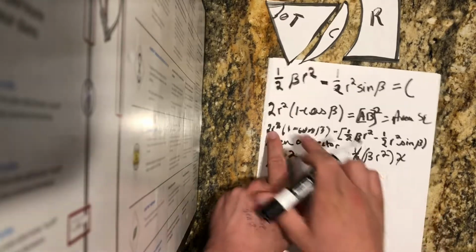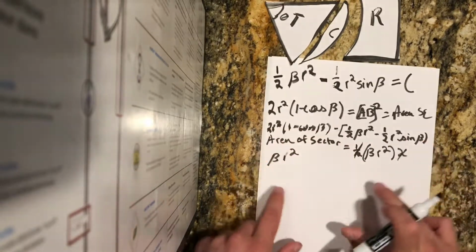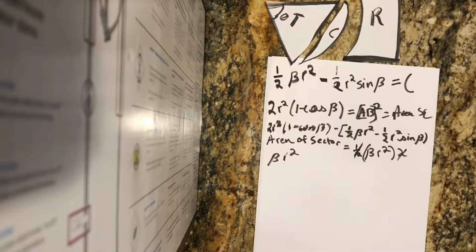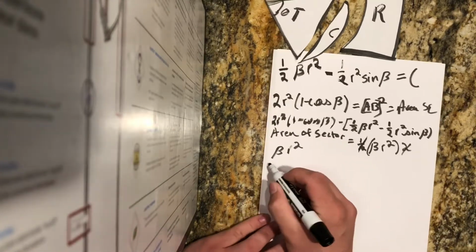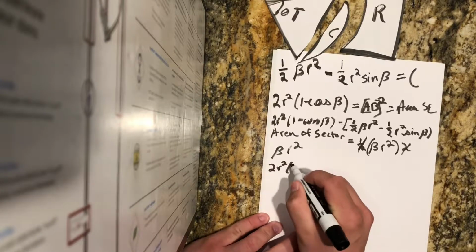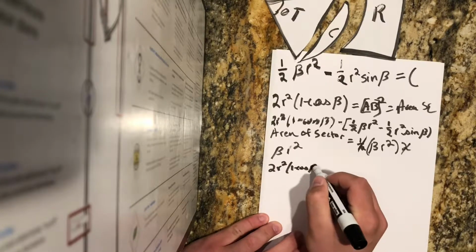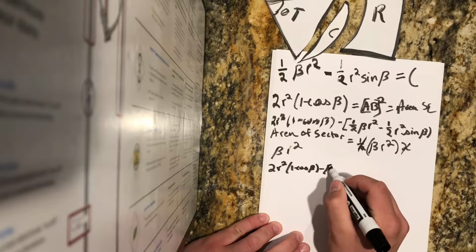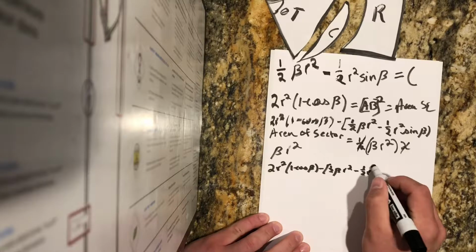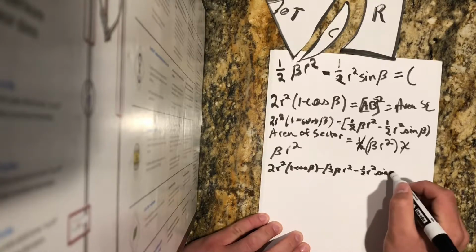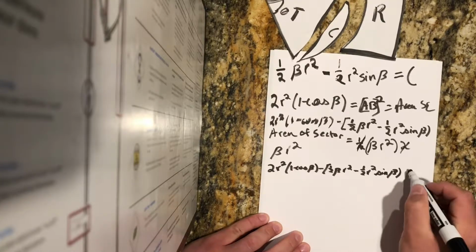So we set this whole expression greater than beta R squared: 2R squared times 1 minus cosine beta minus 1/2 beta R squared minus 1/2 R squared sine beta is greater than beta R squared.